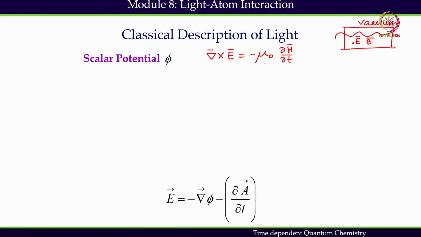So we can also write this as dB/dt, because B we have defined as mu naught H. It's another physical quantity, technically a better way of presenting the magnetic field in terms of B. That's all, that's the way we can think of it right now.